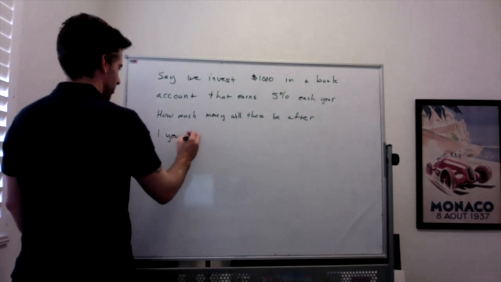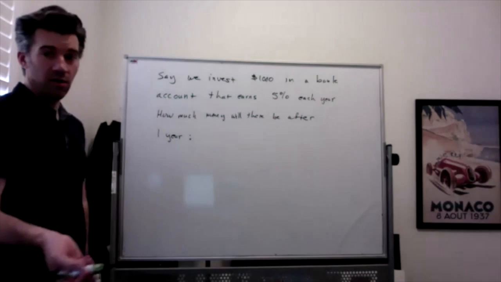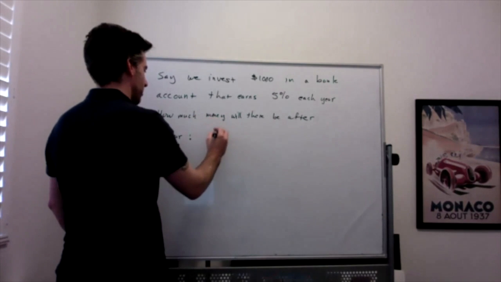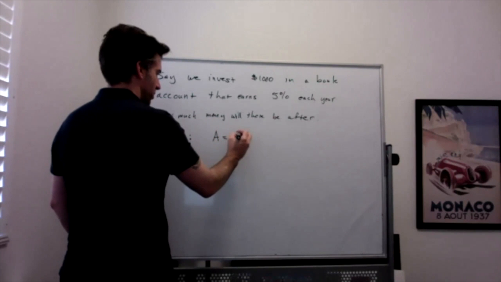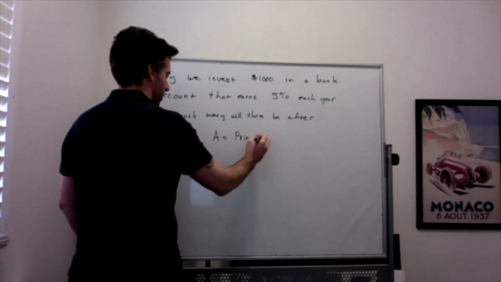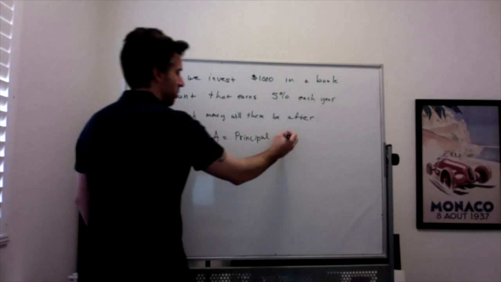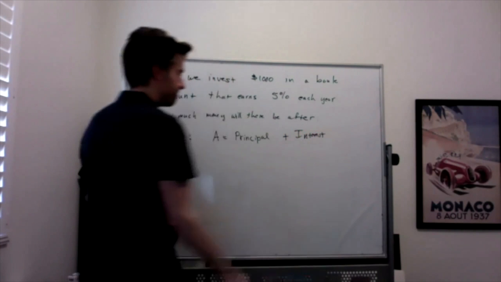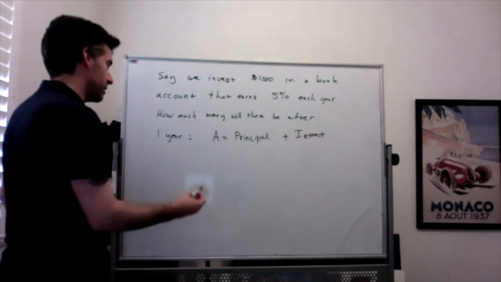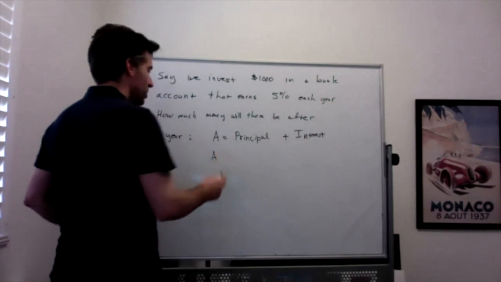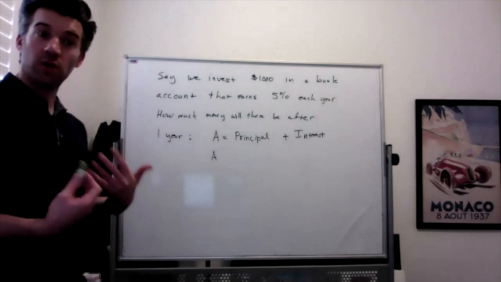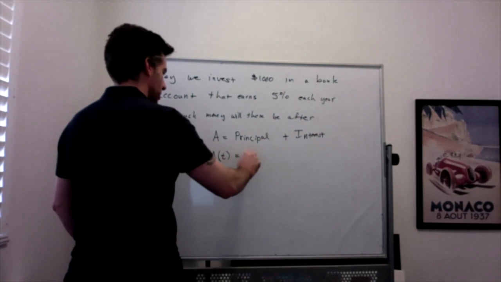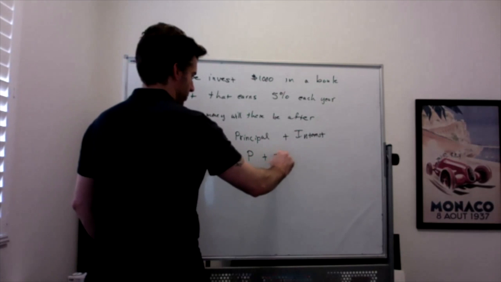Let's do it this way. After 1 year, I'll still have the $1,000, right? So I want to think about it as the amount being the principal plus the interest that we earned. We usually like to write the amount as a function of time, so we typically say the amount at time t is the principal plus the interest.